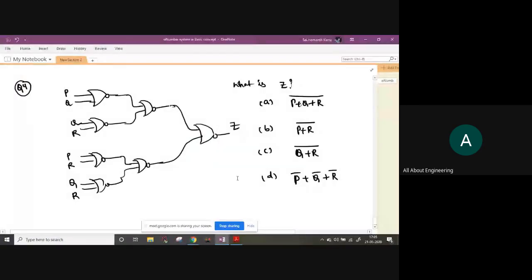Okay, sure. These are the options. P plus Q plus R whole bar, P plus R whole bar, Q plus R whole bar, P bar plus Q bar plus R bar.